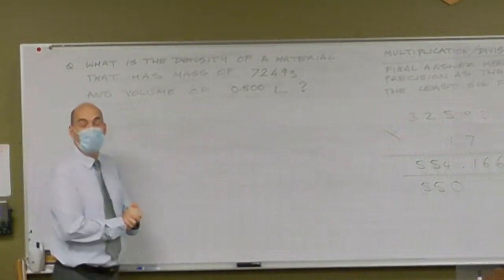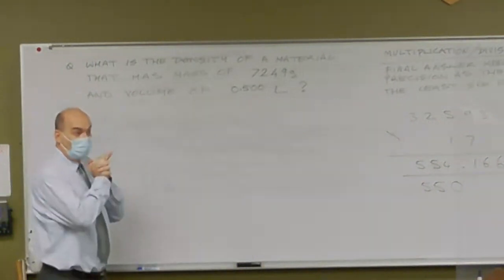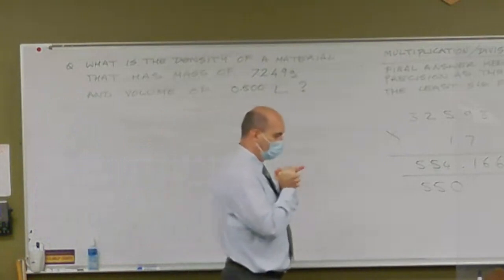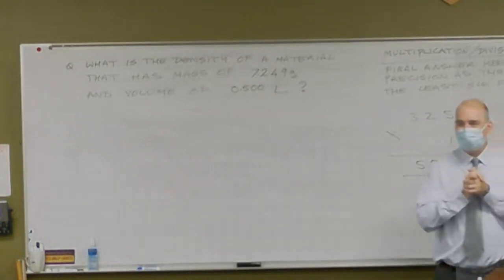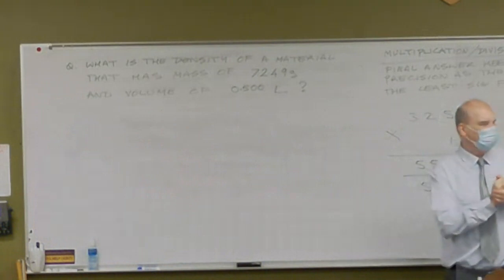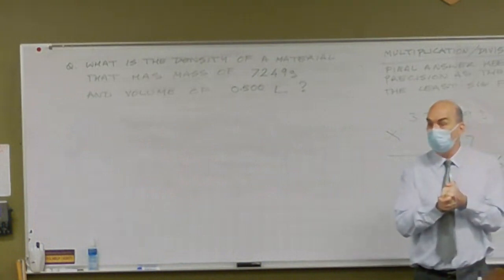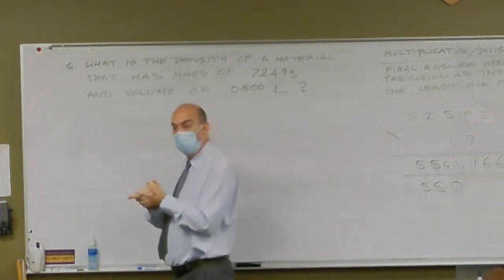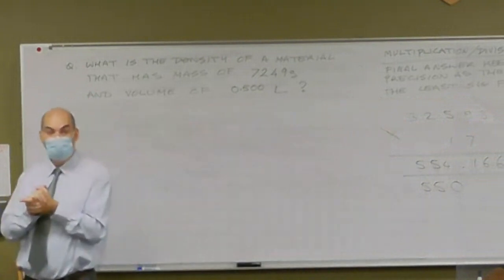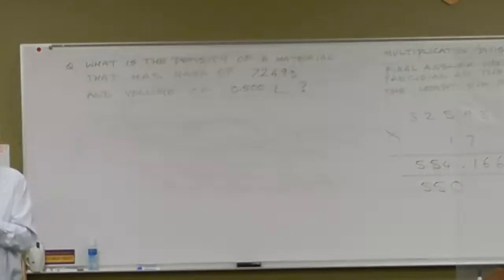They're as pure as you can get. So copper, which is on the periodic table, is a metal, has a characteristic density. I think it's like 6.9 grams per milliliter, something like that. Aluminum on the periodic table is a metal, pure, 2.7 grams per milliliter.